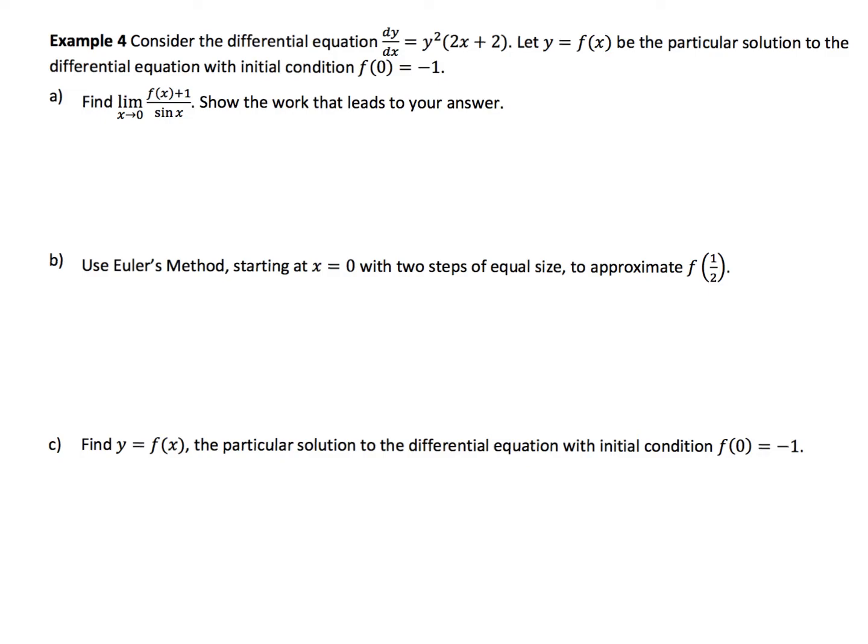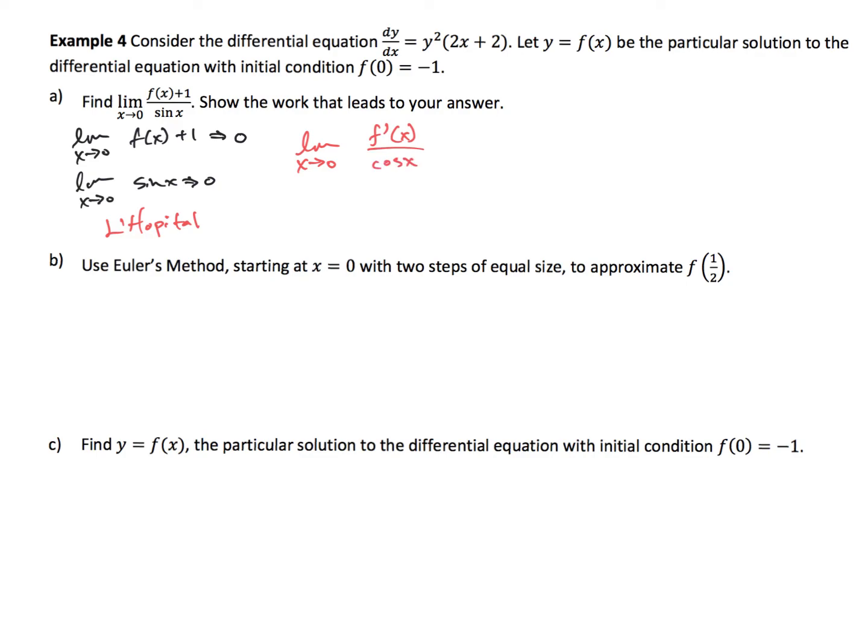So I need to say my limit as x approaches 0 of f of x plus 1 is equal to 0. And I have the limit as x approaches 0 of sine x equal to 0, then what? L'Hopital. We're L'Hopitaling. So the limit as x approaches 0 of f prime of x over cosine x.